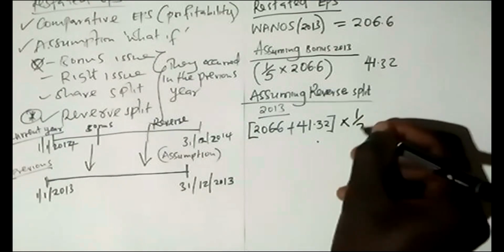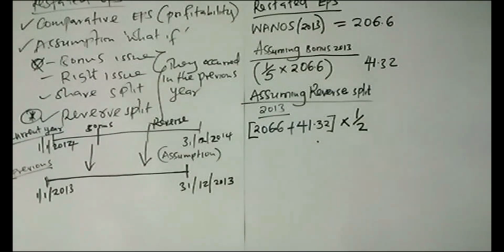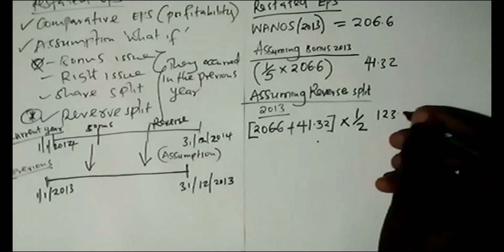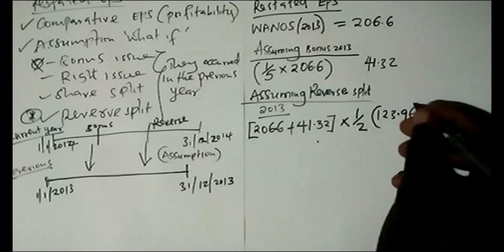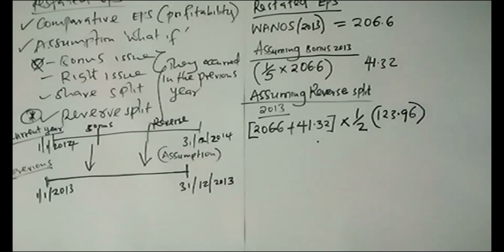You reverse, you have to multiply with half. So if I take 206.6 plus 41.32 and divide by 2, I'm getting 123.96.